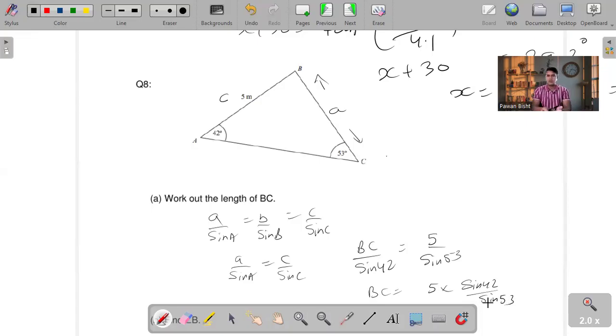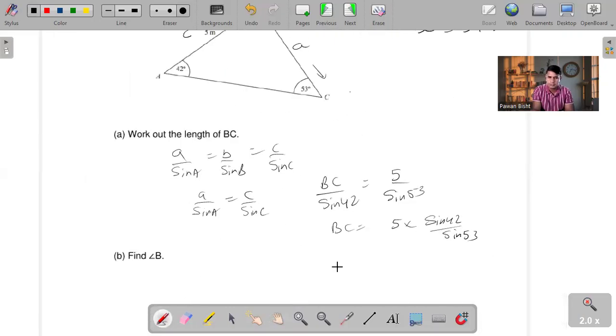Yeah. So put it in your calculators now. 5 times sine 42 bracket close divided by sine 53. So it is coming 4.189. So BC is coming 4.189.